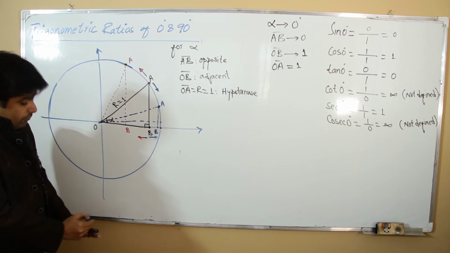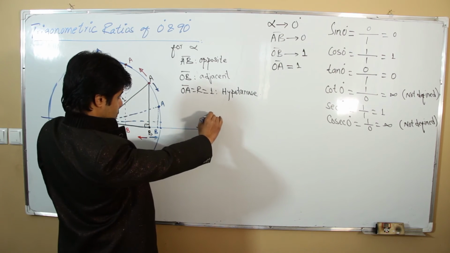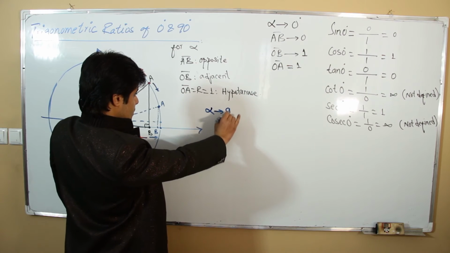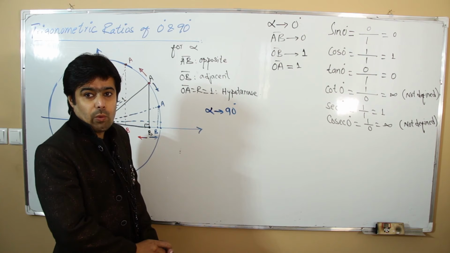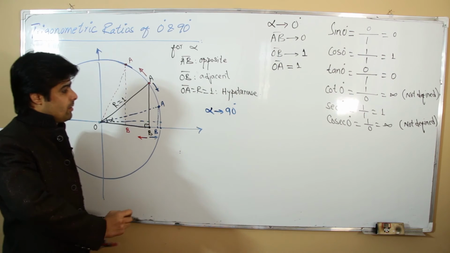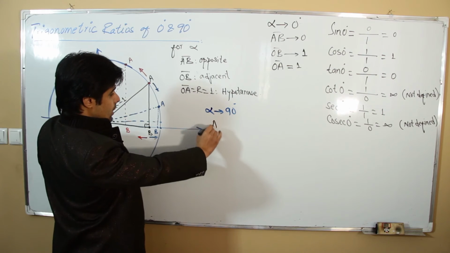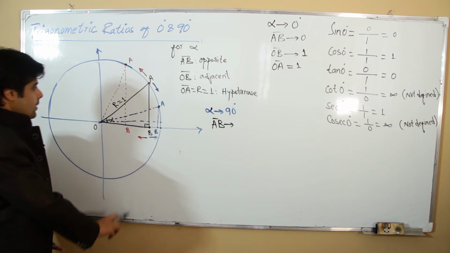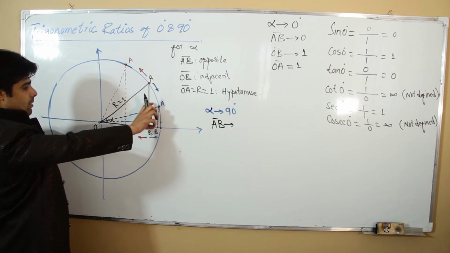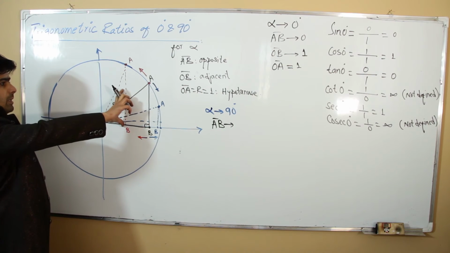Now when alpha approaches 90 degree, what is happening in here? AB, which is what? Opposite. This is AB.